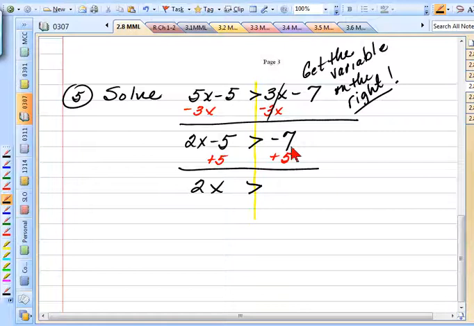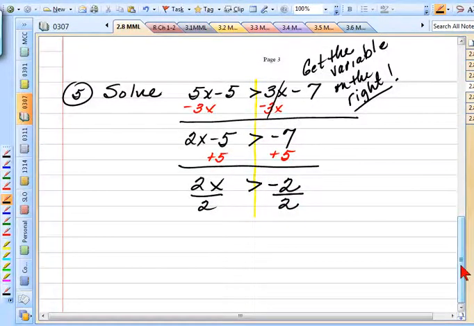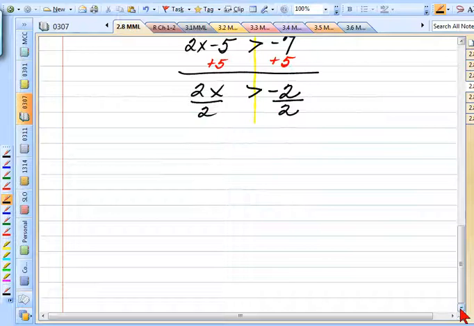Okay, divide by the coefficient, pause for just a second. Is that coefficient a negative number? No, so I don't have to worry anything about that reversing. This 2 is a positive 2, so nothing weird's happening. x is greater than negative 1.